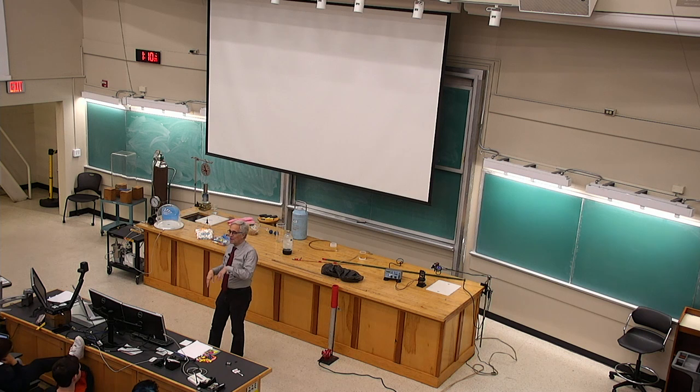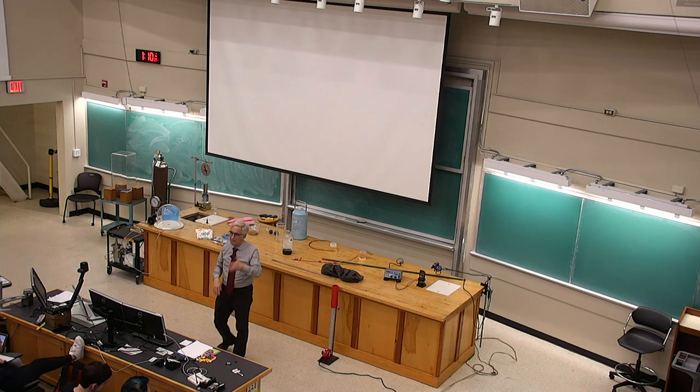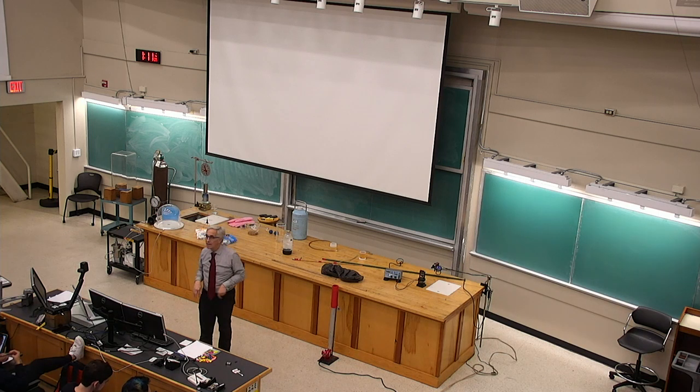So the unit of pressure is the Newton per square meter. And that has its own name, just to abbreviate it. It's called the Pascal, after Blaise Pascal, the philosopher and scientist. So 1 Pascal is 1 Newton per square meter. And that's a very small pressure, actually.